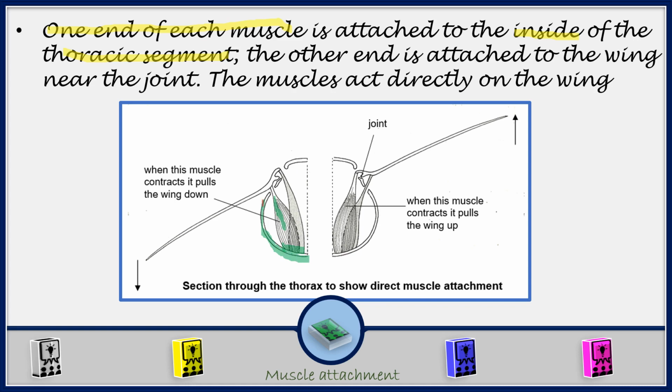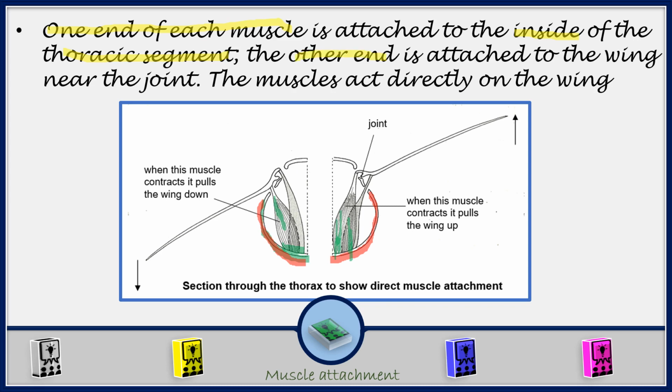The skeleton which makes up the thoracic segment is that one, and this one is also the exoskeleton which is making up the thoracic segment. And these muscles are attached inside the thoracic segment. That is, one side is attached at the inside of the segment.